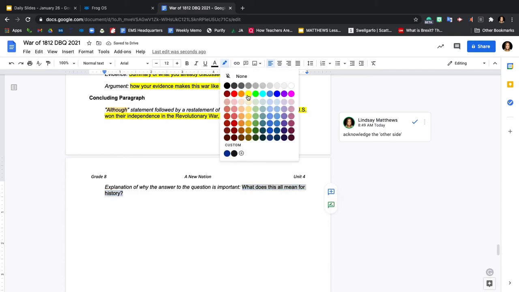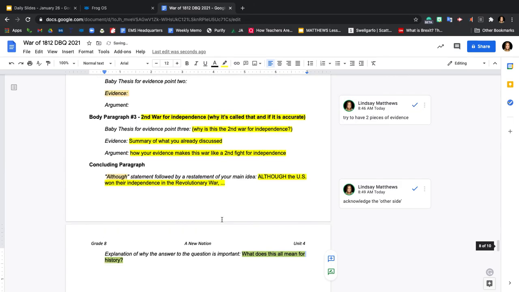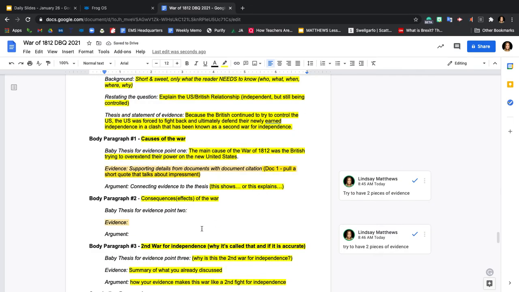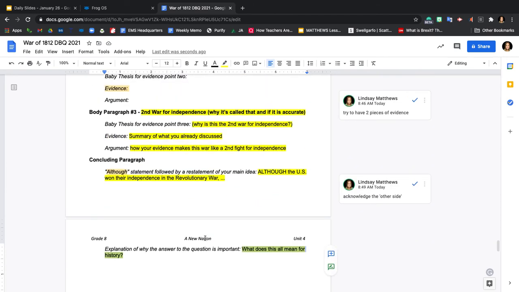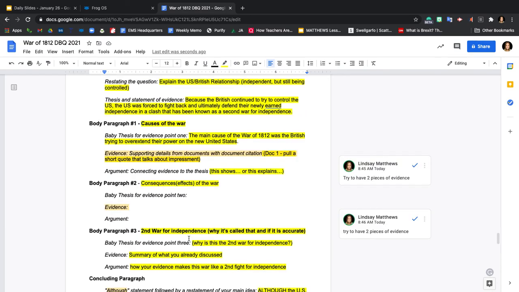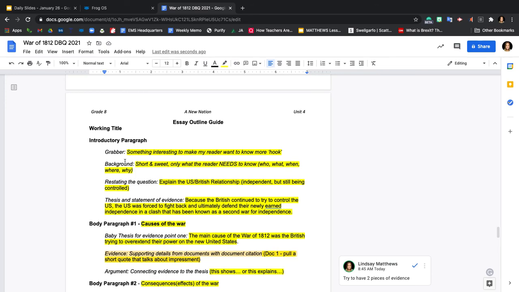So remember, the better and more detail and more full sentences that you put here, the simpler and easier it will be to turn it into an essay. If you have enough detail here, you should just have to delete my prompts, delete my formatting, and make everything you have under each heading into a paragraph.